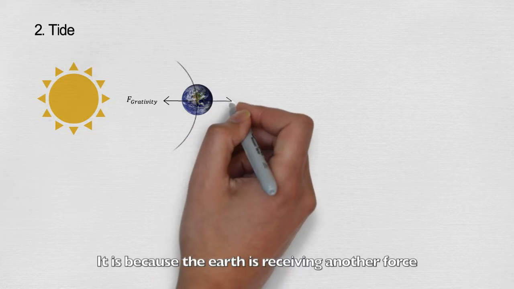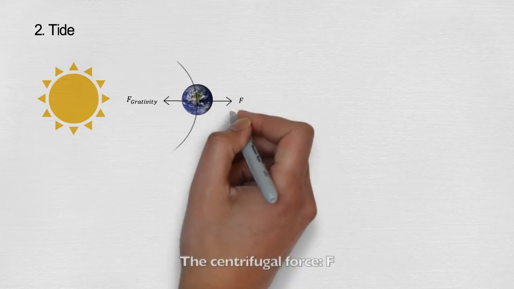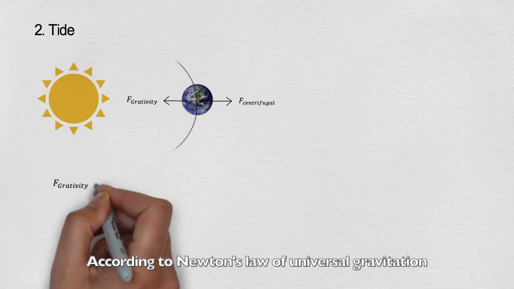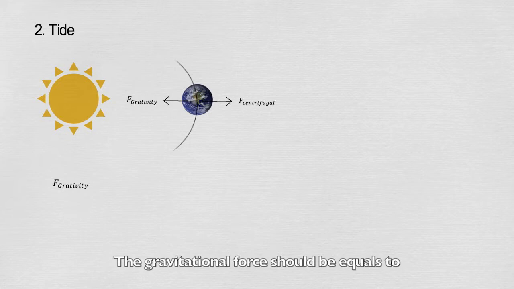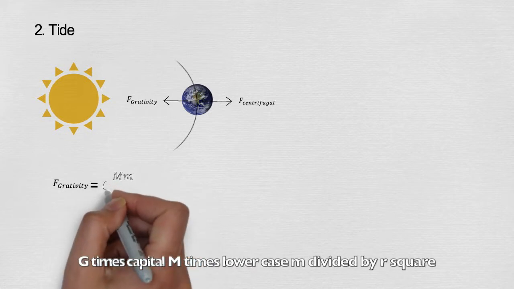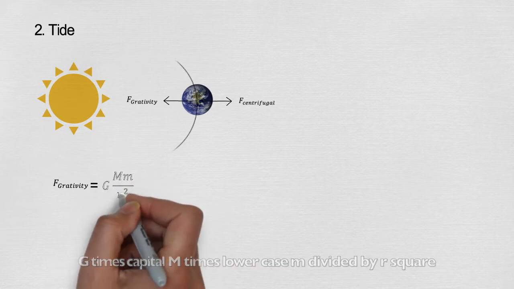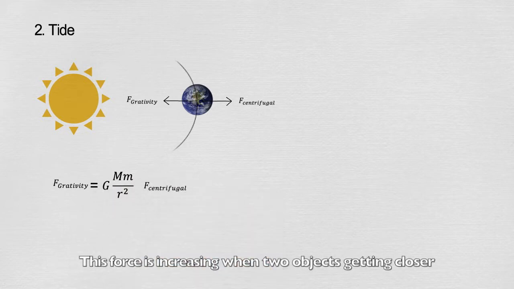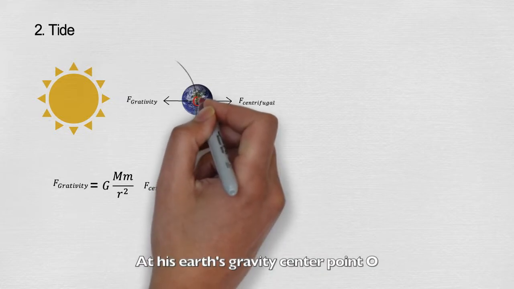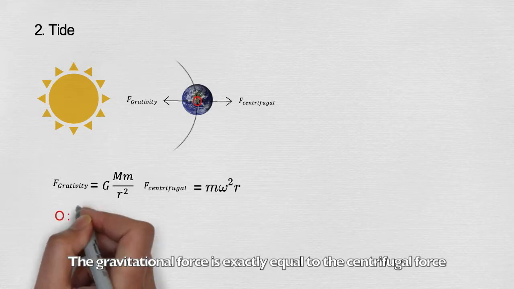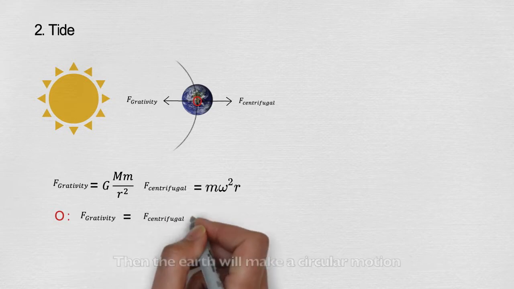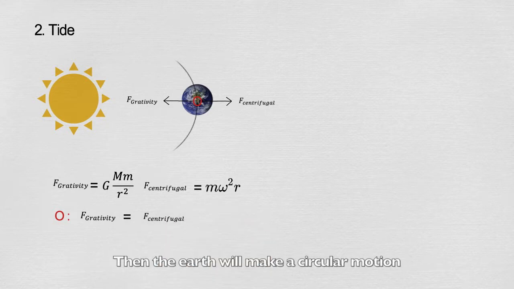It is because the Earth is receiving another force, the centrifugal force, F. According to Newton's law of universal gravitation, the gravitational force should be equal to G times capital M times lowercase m divided by r squared. In other words, this force increases when two objects get closer. At this Earth's gravity center point O, the gravitational force is exactly equal to the centrifugal force. Then the Earth will make a circular motion.